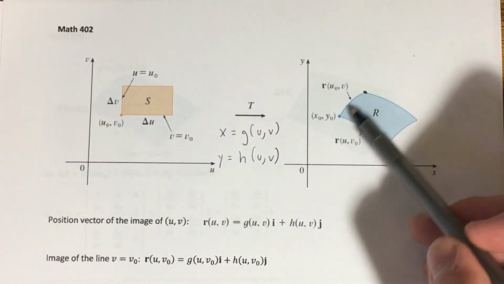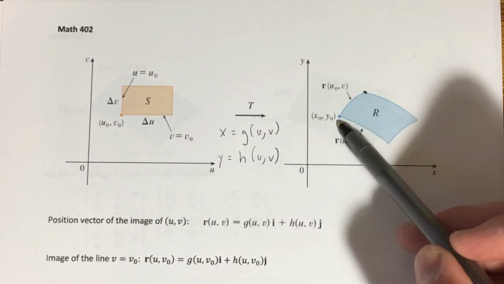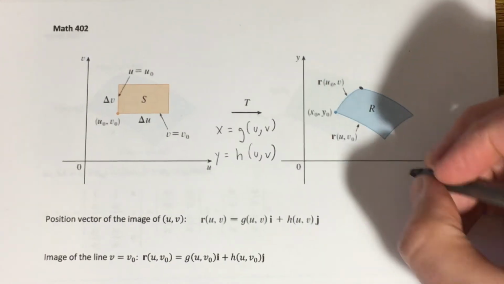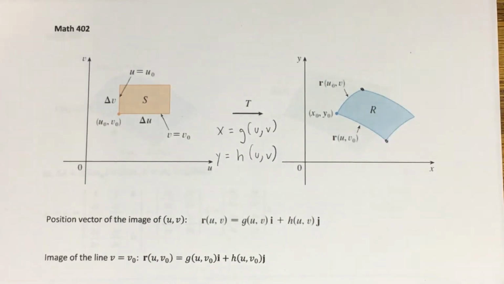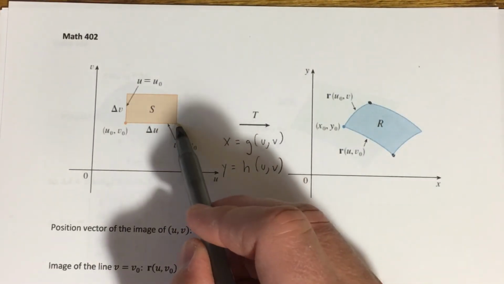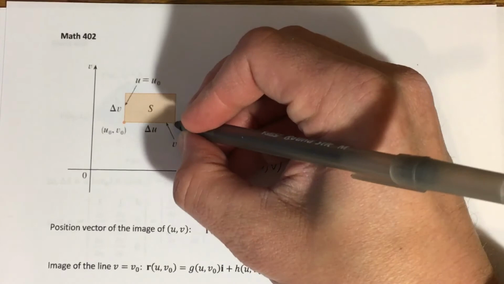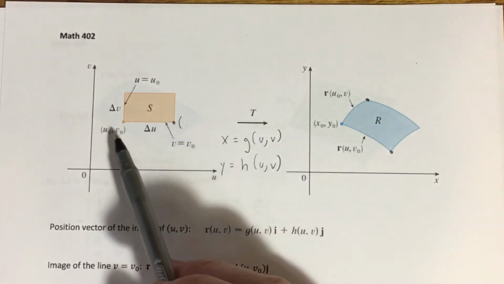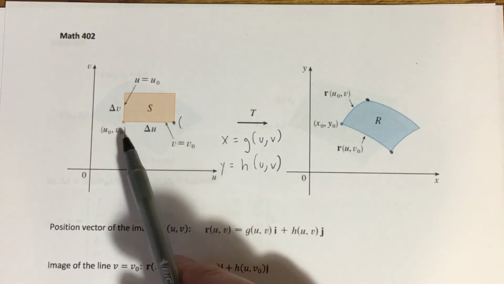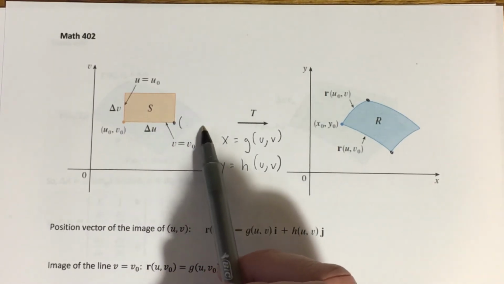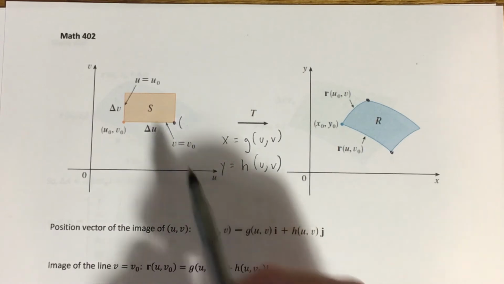If I wanted to find the secant vector for either this vector here or this vector here, notice that this point should be the image of this point right here. And this point, if I look at its coordinates, remember u is what's changing on this line. V naught is going to be my v coordinate for this point.